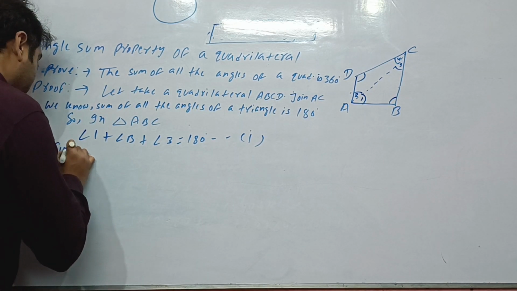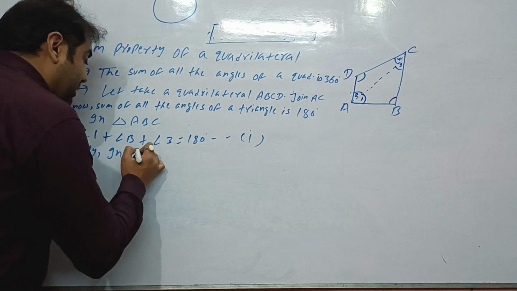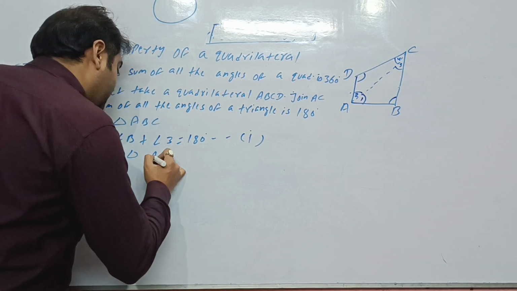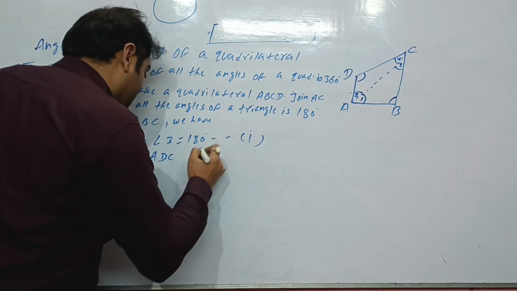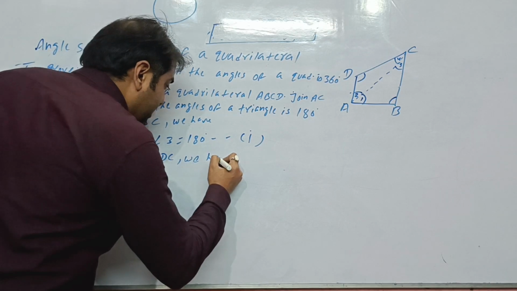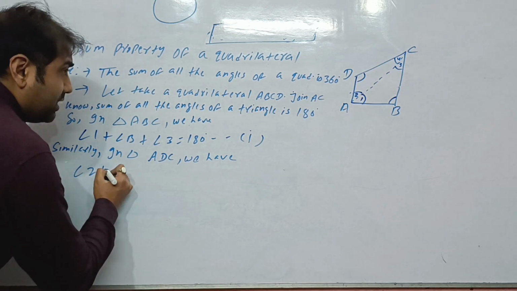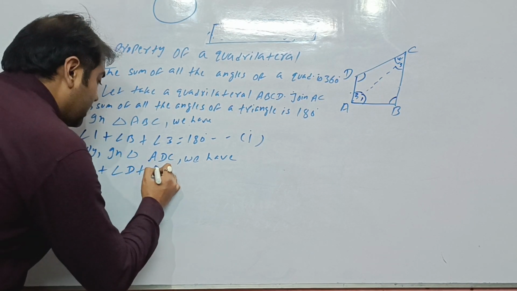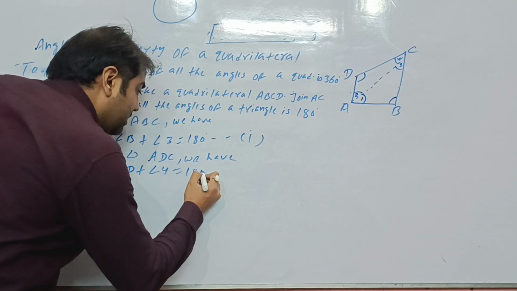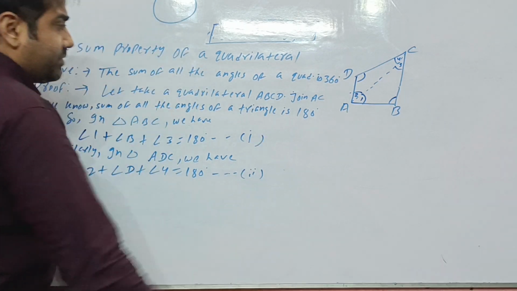Similarly, in triangle ADC, we have angle 2 plus angle D plus angle 4 is equal to 180 degrees. Mark it as equation 2.